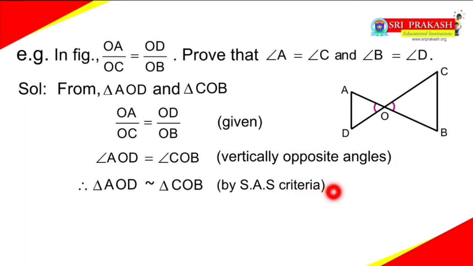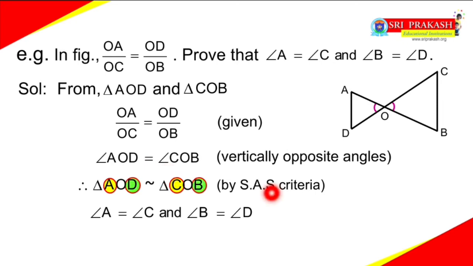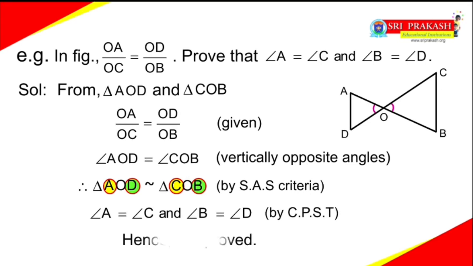Children, we know that if two triangles are similar, then the pair of corresponding angles are also equal. Therefore, angle A is equal to angle C and angle B is equal to angle D by CPCT. Hence, it is proved.